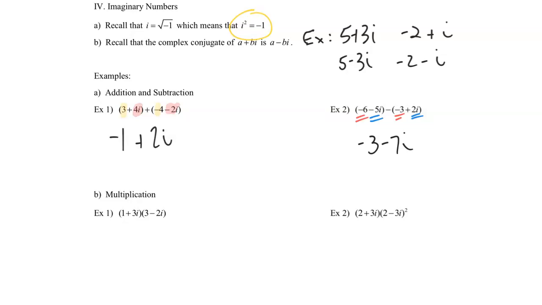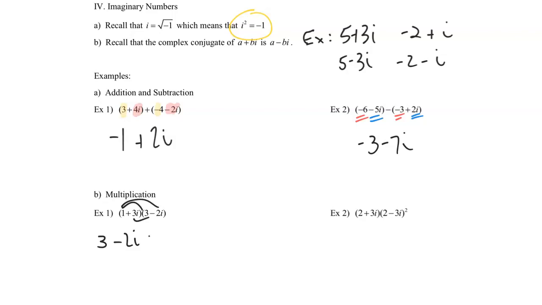Okay, letter B, multiplication. So when we multiply 2 imaginary numbers, we're essentially just foiling out or distributing in order to multiply here. So we would start with 1 multiplied by 3, which would be 3, and then 1 times -2i, which would be -2i, and then multiply the inside terms together.